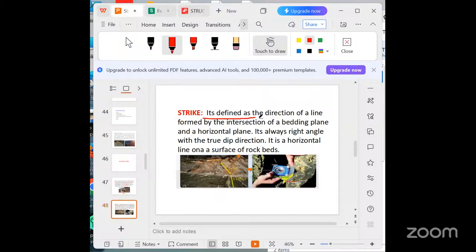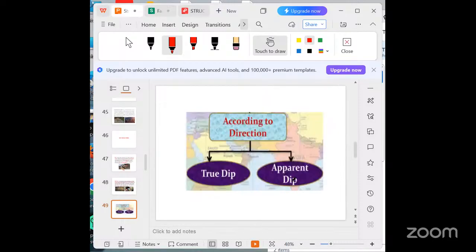Strike is identified as the direction of a line formed by the intersection of a bedding plane and a horizontal plane. So this is the compass, you see. It is always at right angle to the true dip direction. So it is a horizontal line on a surface of rock beds, right?